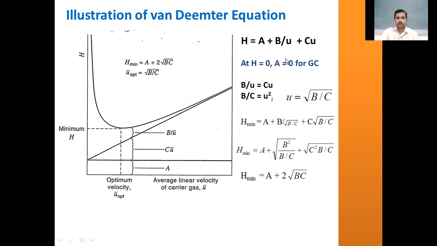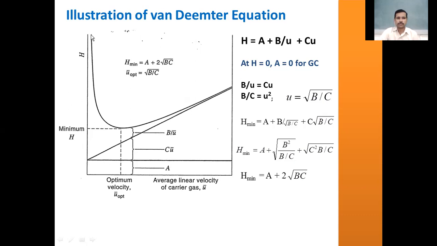If you come to the second term, longitudinal diffusion, H is equal to B by U. As I told you, if the linear velocity of the mobile phase or the carrier gas is increased, the H value will become lower. You can see initially the value of H was very high, as presented on the y-axis.